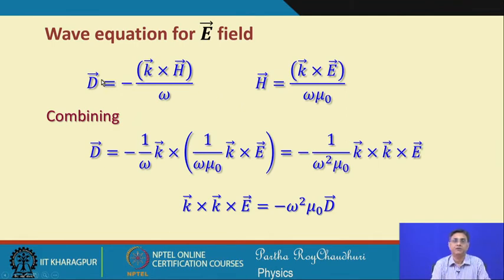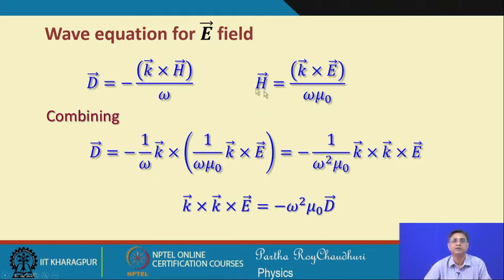So, the wave equation for E field can be arranged from these two equations. We have seen D equal to minus k cross H by omega and H equal to k cross E by mu naught omega.